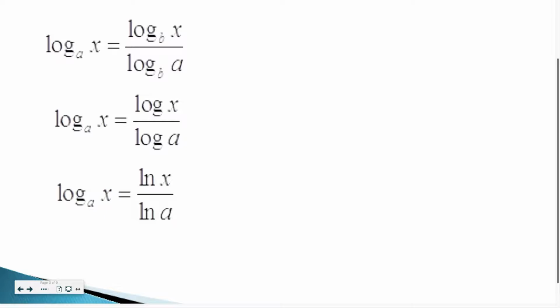Log base 2 of 2 equals 1, because 2 to the first is 2. Log base 2 of 4 is 2. Log base 2 of 8 is 3. Okay, we think about the exponent it takes to get there.